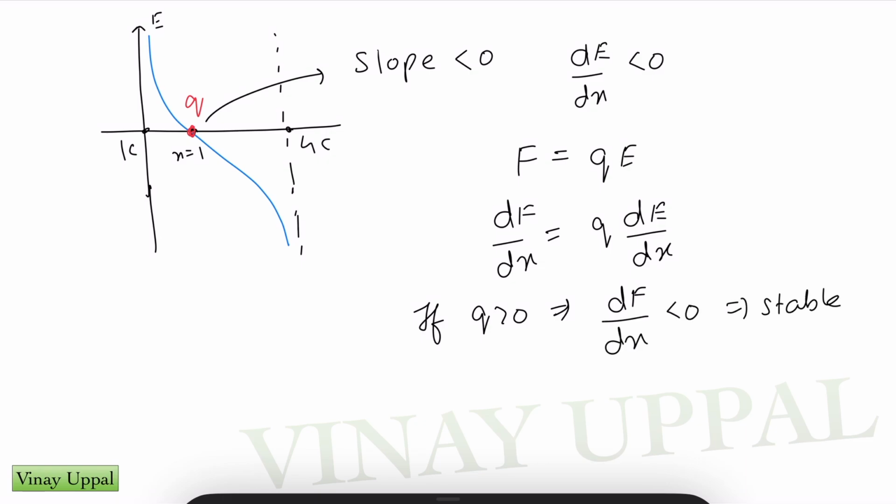You must have learned this in the work, power, energy chapter. And similarly, if Q is negative, dF by dx will be positive, and that will be the condition for unstable equilibrium. So this is what we had gotten by just displacing the particle and checking the force direction when we did the very first problem in this chapter. But I hope you've understood how to check the nature of stability from the graph as well.